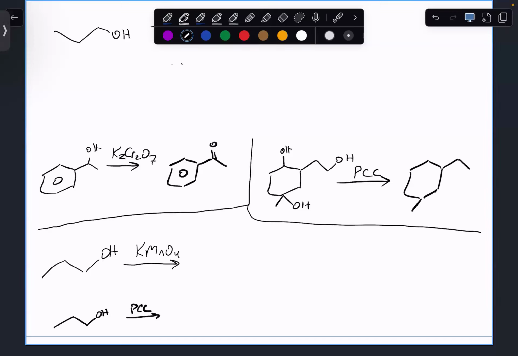That's easy then, because tertiary alcohols don't oxidize. So I'm just going to put that just as it was. Now, up top, that would be a secondary alcohol. That's also pretty easy because it doesn't matter what kind of oxidizing agent you're using, all secondary alcohols oxidize to ketones.